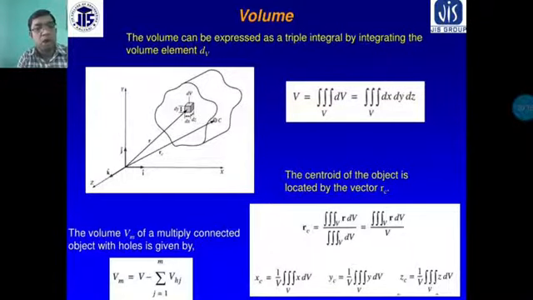Another thing calculated is RC, that is, rc equals 1 by V times the triple integral of x dV, and the centroid coordinates are required, x, y and z.